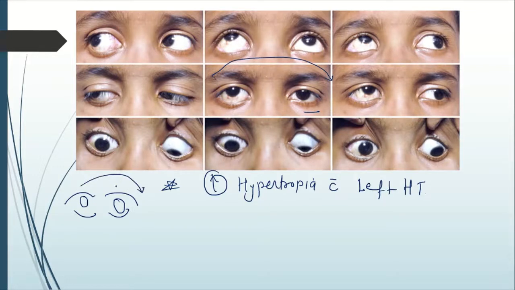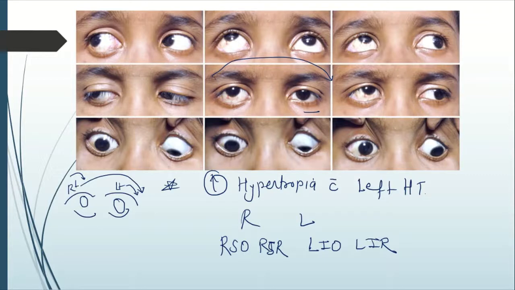That means my left eye is extorting, whereas my right eye is intorting, right? So for my left eye, which is extorting, those have to be inferiors: left inferior oblique, left inferior rectus. Whereas for my right eye, since it is intorsion, those have to be superiors: right superior oblique, right superior rectus.